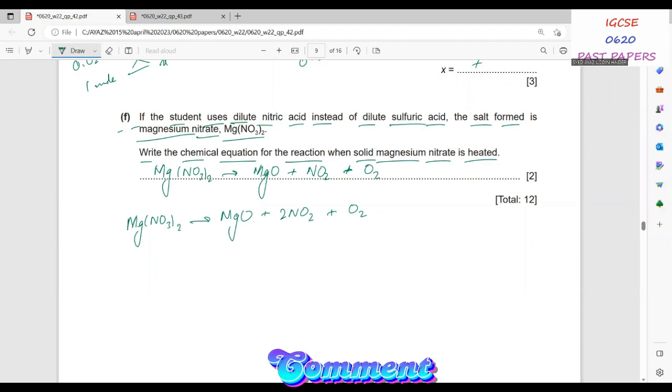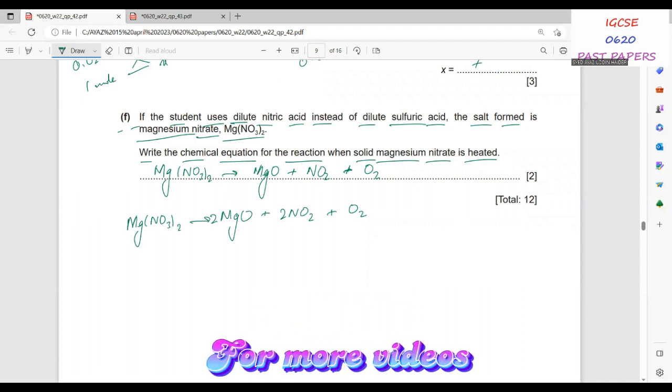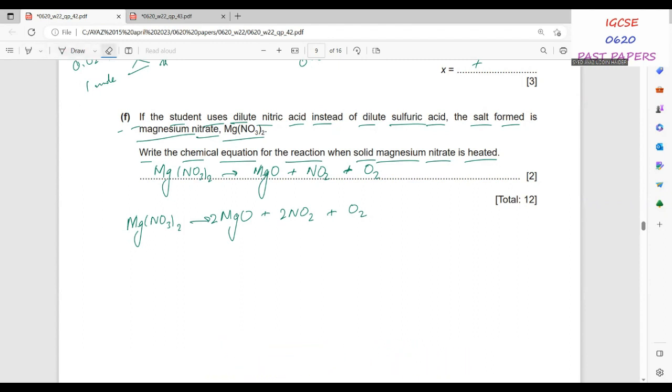So if I place 2 before MgO, then the number of moles of oxygen... Sorry, on the product side, there are 2 multiplied by 2, 4, 4 plus 2, 6, and 6 plus 1 is 7.